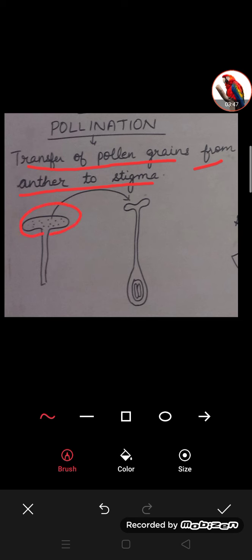This is a male reproductive part. So these are pollen grains. These pollen grains are transferred from this anther to stigma of the pistil. So this is a female reproductive part. So the transfer of pollen grains from anther to stigma is known as pollination.